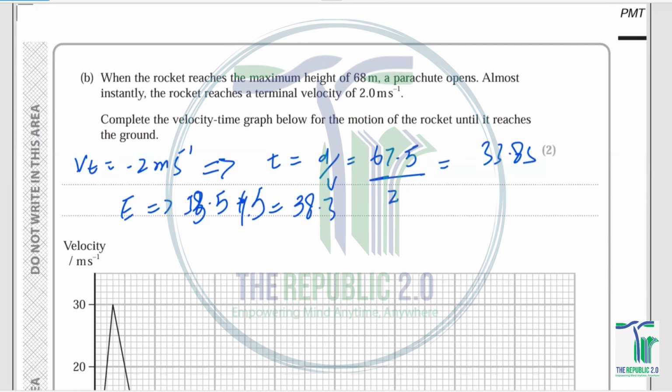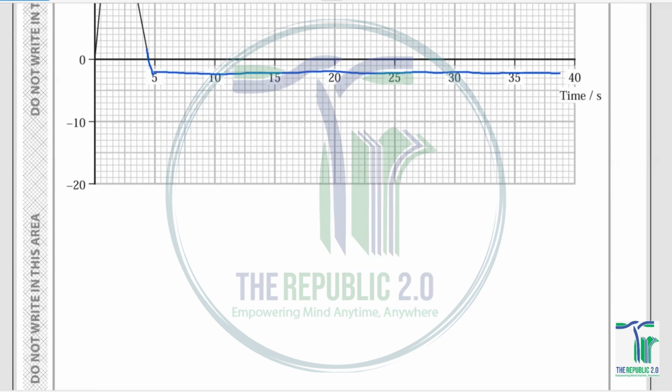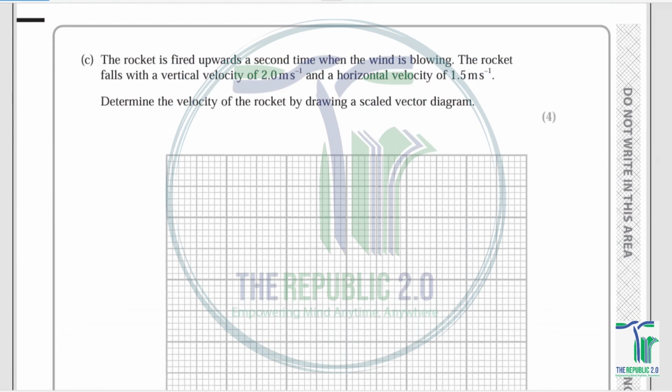So the body would keep on moving with the negative 2 meters per second velocity until we get to 38.3. And that should be something like over here, right? So that is the shape of the graph, and the parachute opens up and the body starts moving with the terminal velocity.